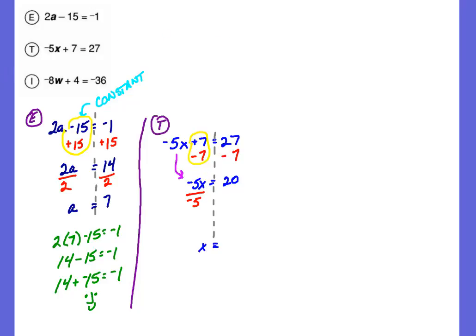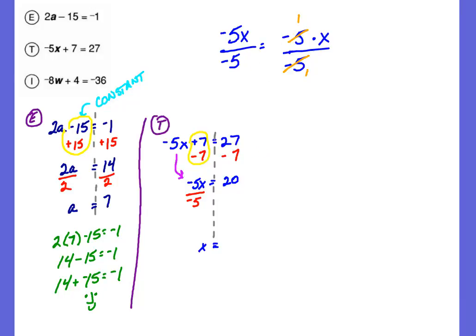Let me blow that up right up here. If you have negative 5x and you're dividing by negative 5, really what you're saying is I've got negative 5 times x, because negative 5x means negative 5 times x, all of that divided by negative 5. Well, these cancel out. Negative 5 can go in negative 5 once, and negative 5 can go in negative 5 once.